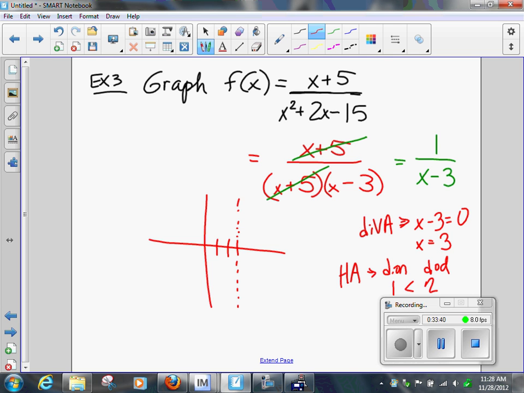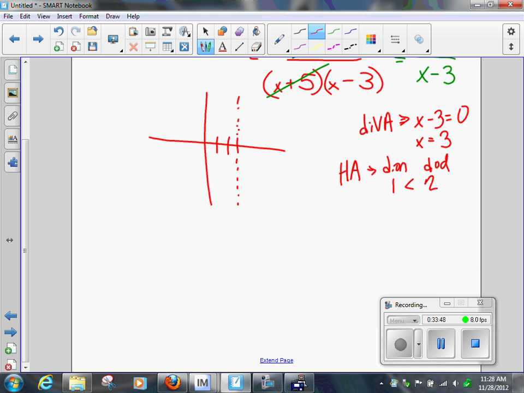What happens when the numerator degree is less than the denominator? It means that the x-axis, or what is that equation? The x-axis is the equation y equals 0. So your horizontal asymptote is at y equals 0. So you may want to, I'm going to do my asymptotes in green.